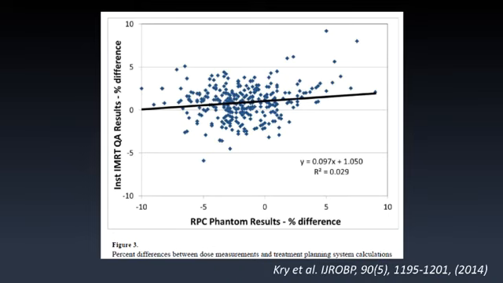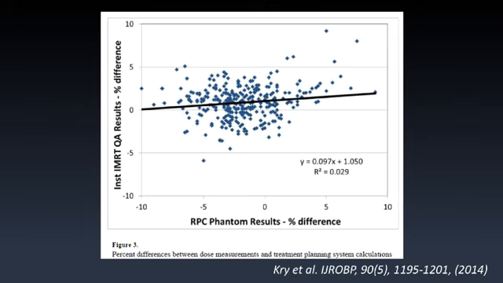And then on the y-axis, they're plotting what the institution reports as the IMRT QA results, the percent pass rate. So it should be 100%, and that would be along the 0 line. So what you'll see here is that the IMRT QA is not predictive at all of whether this phantom will pass or fail, really.